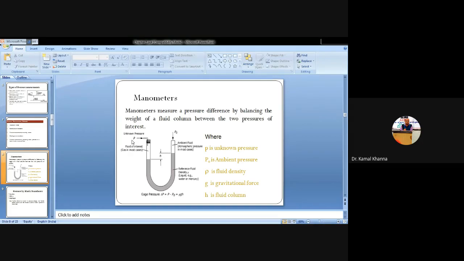According to our syllabus, the mechanical gauges are the diaphragm pressure gauge, Bourdon tube pressure gauge, dead weight pressure gauge, and bellow pressure gauge. Whereas in the case of manometers, we will study simple manometers and differential manometers, and in simple manometers, we will study piezometers, U-tube manometers, single column manometers, double column manometers, and micro manometers.